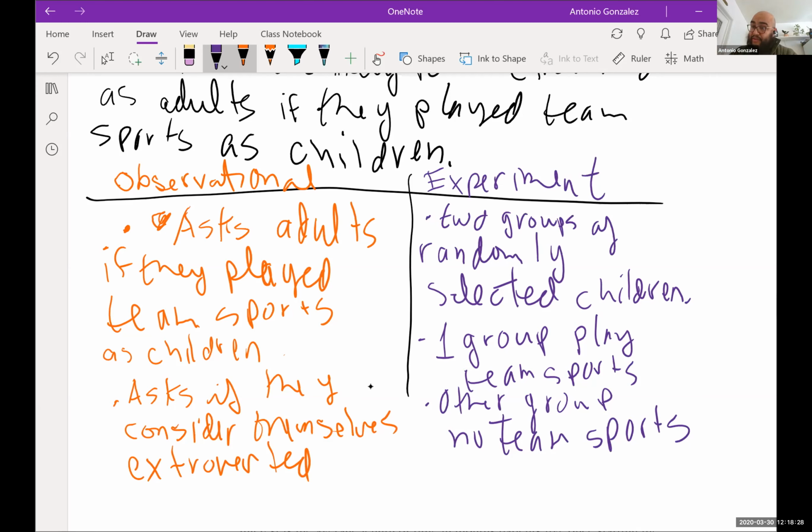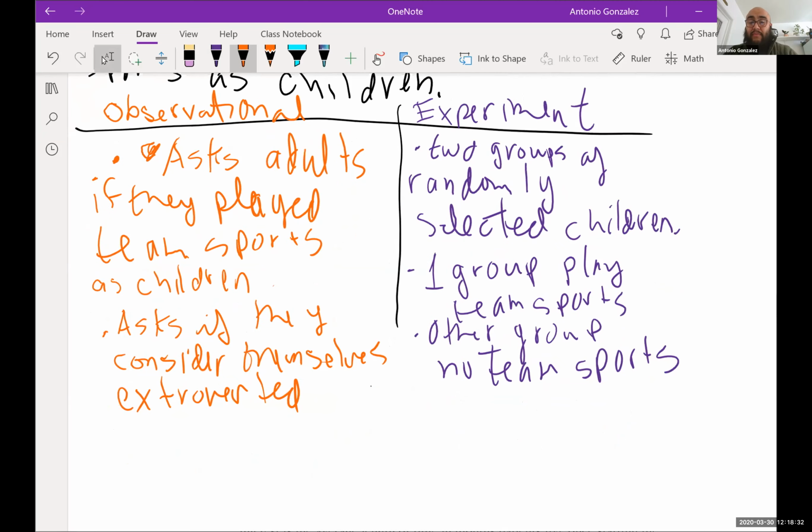Okay, so notice that there's more control, right? We have the groups as children, then we make one of them play team sports and the other group not play any team sports.